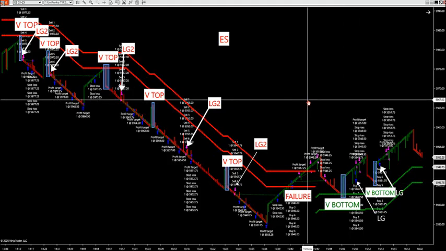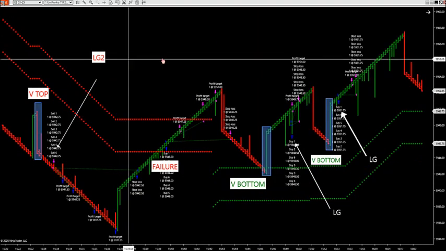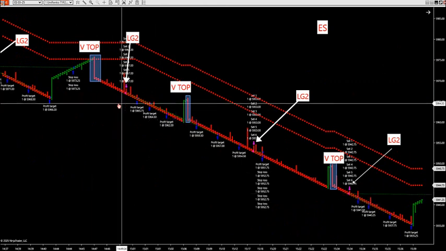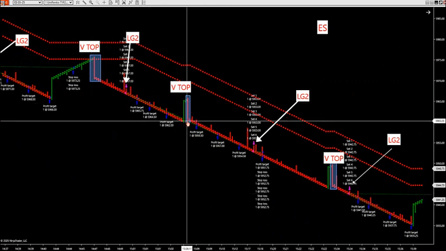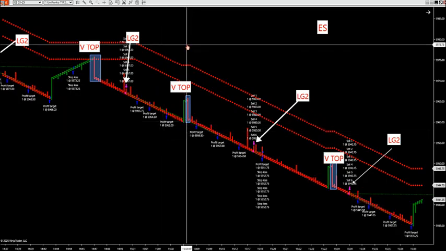There are a couple of ways you can do it. One, you can activate by toggling on. I like the LG2 because it takes the first liquidity grab only after a V-top or V-bottom with a reversal or a change in trend.